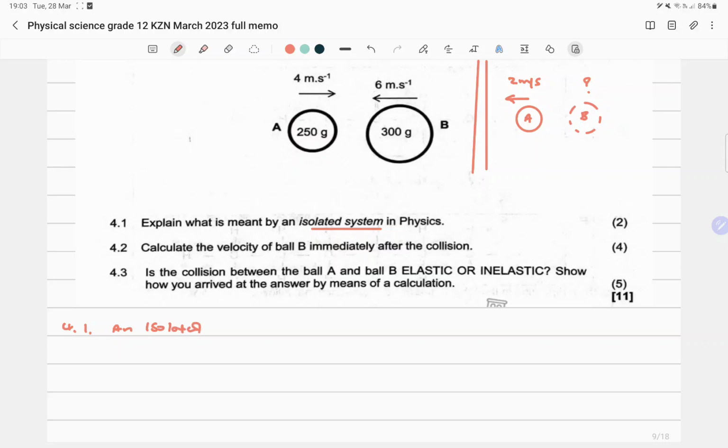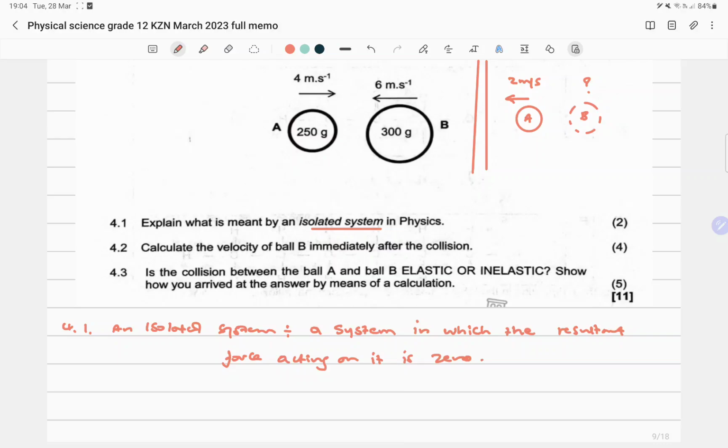An isolated system is basically a system in which the resultant force acting on it is 0. There are plenty of ways we can put it.